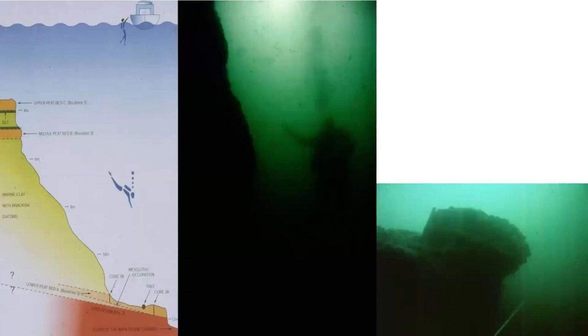With a section through the site on the left, you can see the platform at the bottom in 11 meters of water. I should say that the platform at the bottom now dates to about 8,000 years ago.